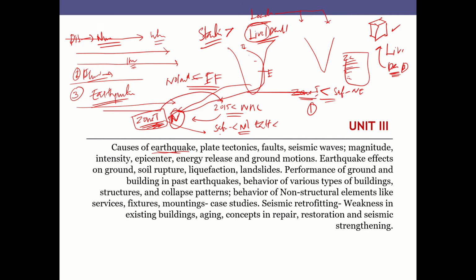Live load is, let's say, bringing new elements into the building, or the occupants, and so on. All these things are considered. In addition to that, there are two more components that need to be considered, and they are there by default: one is seismic load, and the other is wind load.